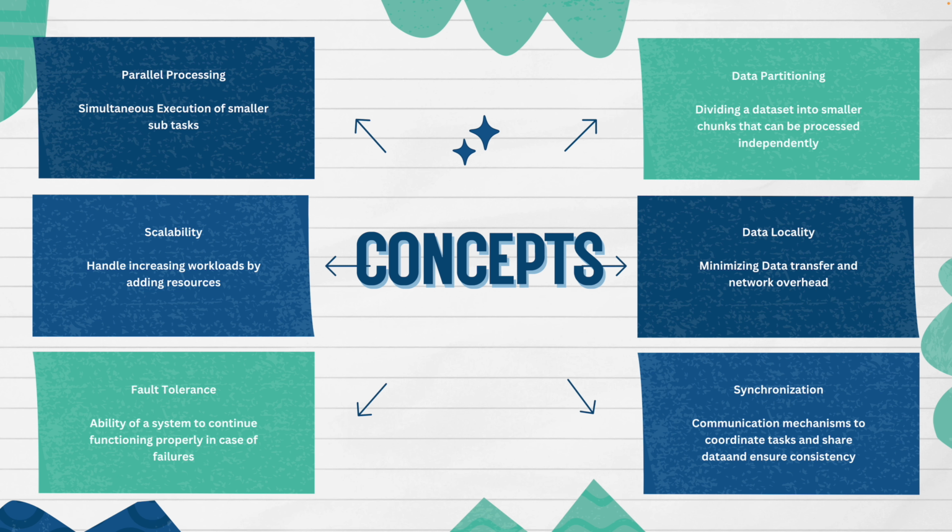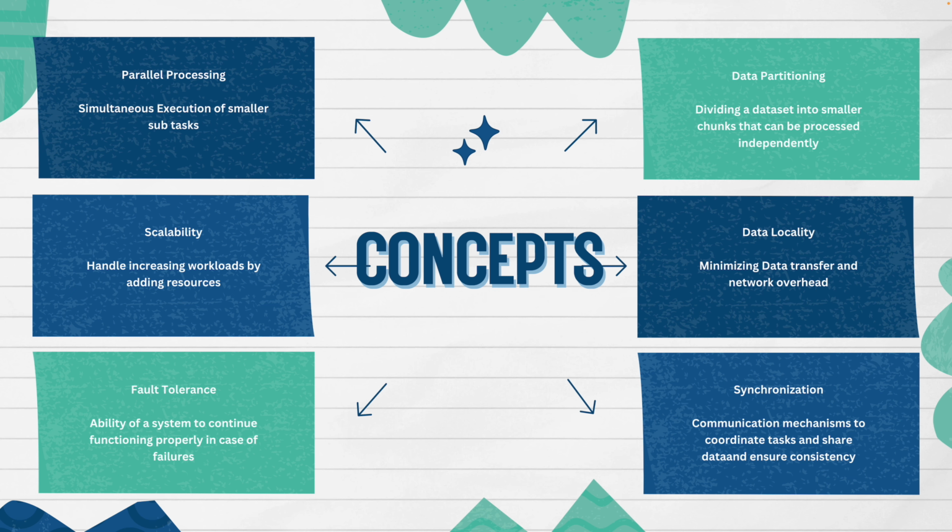Spark's execution engine handles the synchronization and communication transparently, with an abstraction that hides the complexity of distributed coordination while optimizing task execution across the cluster. So understanding these distributed computing concepts is essential for grasping how distributed systems like Apache Spark achieve high performance, fault tolerance, and scalability when processing large-scale data sets across distributed clusters.